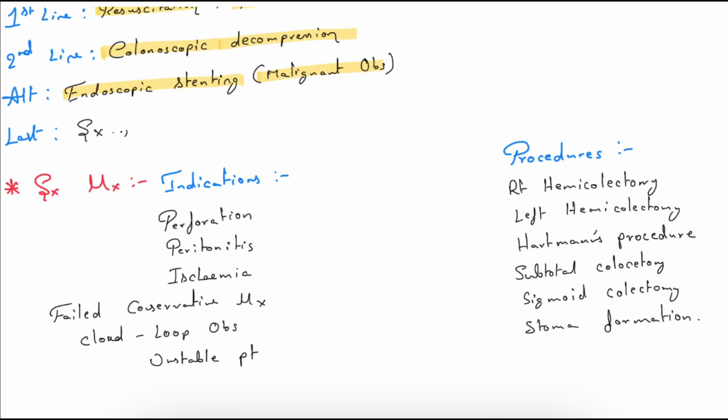In surgical management, for what purpose do we have to do surgery? If the patient has perforation, peritonitis, ischemia, or if conservative management has failed, or closed loop obstruction like sigmoid volvulus, or the patient is unstable, or has malignancy causing obstruction, with no delay in perforation or peritonitis.